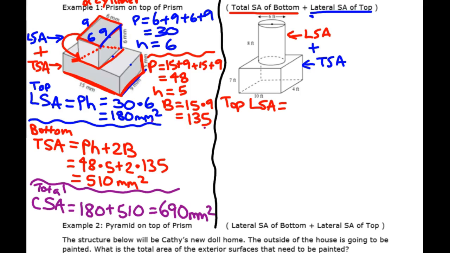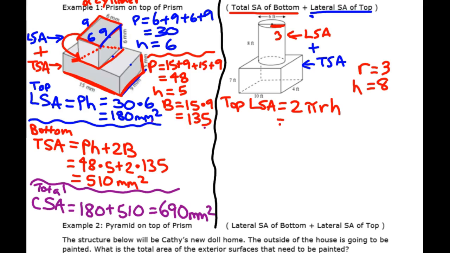Two pi RH. Now, we can figure out R and H. R is half of this diameter. What's from here to here? 3. Half of 6, half of the diameter, 3 is the radius. So, H is what? 8.